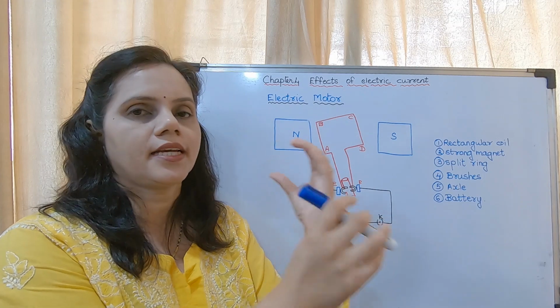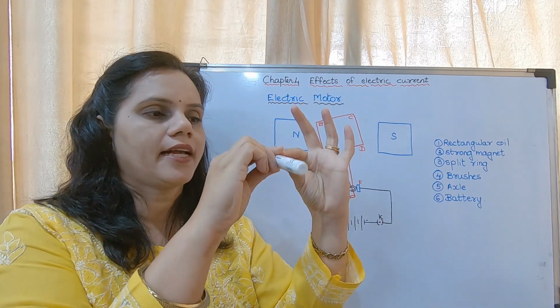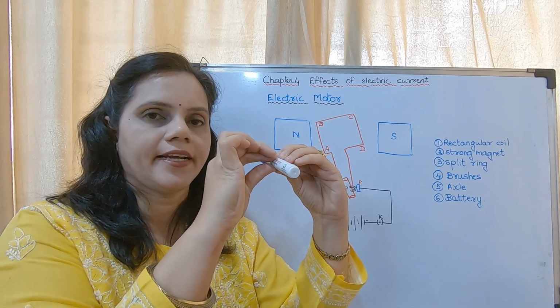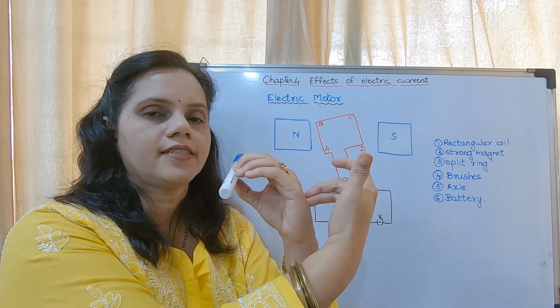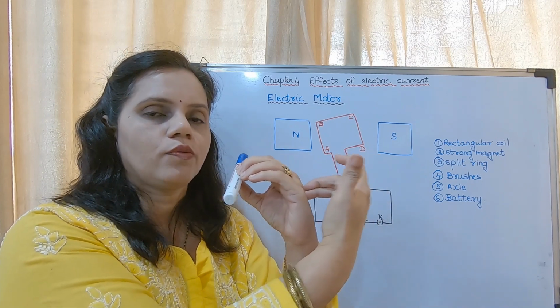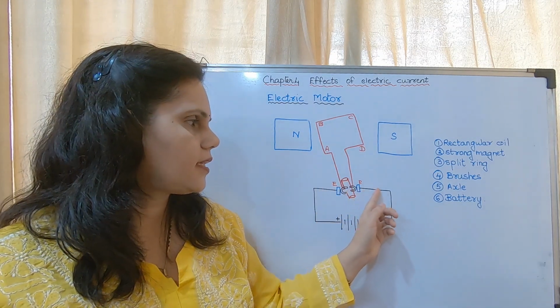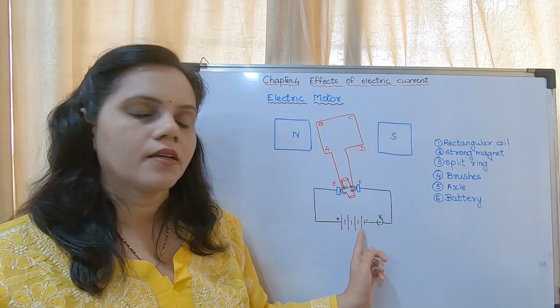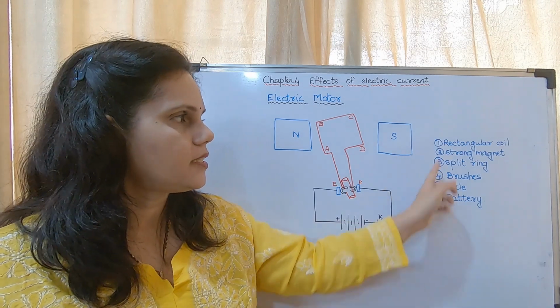The split ring is connected to the axle like this, half from this side and half from this side. On both sides there are two brushes, which are just in touch with the split ring, and it is connected to the battery.